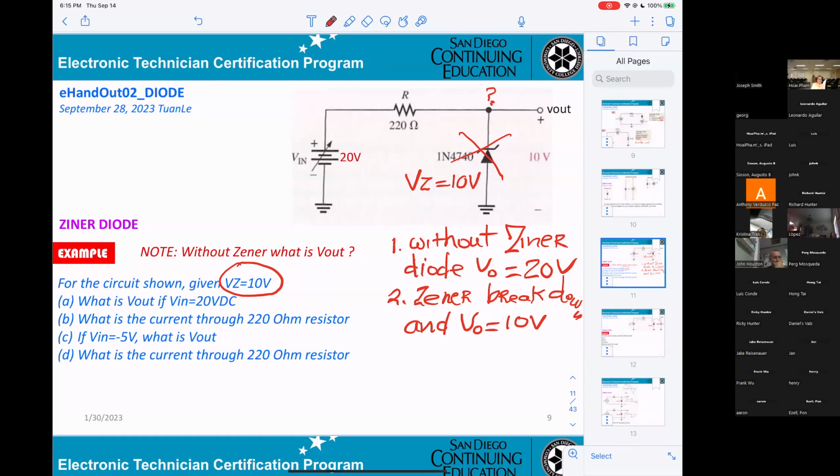Any voltage higher than 10, they cut it out. That is the purpose of the Zener.